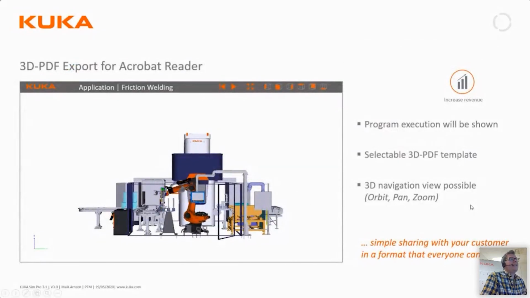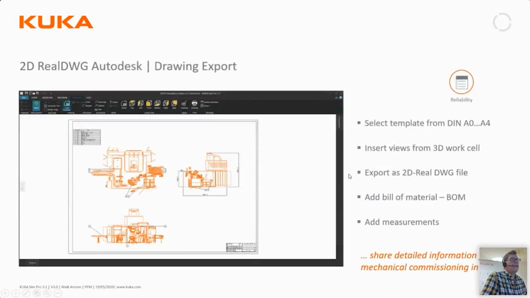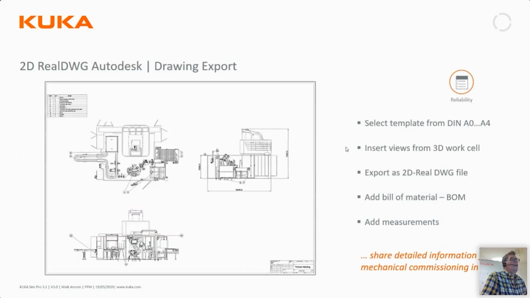I can actually export this 3D model and the simulation as, for example, a 3D PDF to provide to the customer. I can also generate layout drawings, 2D drawings, and also create a bill of material.